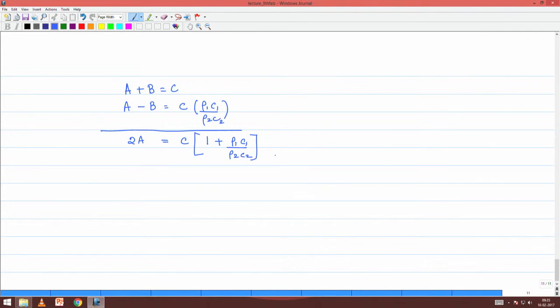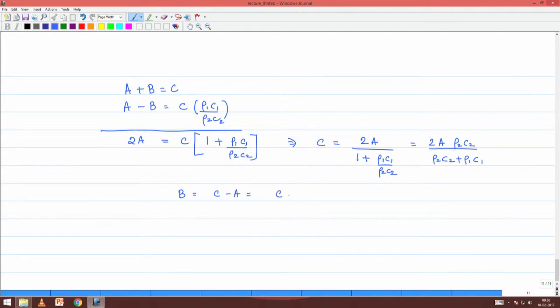That in turn implies C equals 2A divided by 1 plus rho 1 c 1 over rho 2 c 2. We could write this as 2A rho 2 c 2 divided by rho 2 c 2 plus rho 1 c 1, and then B could be determined as C minus A.